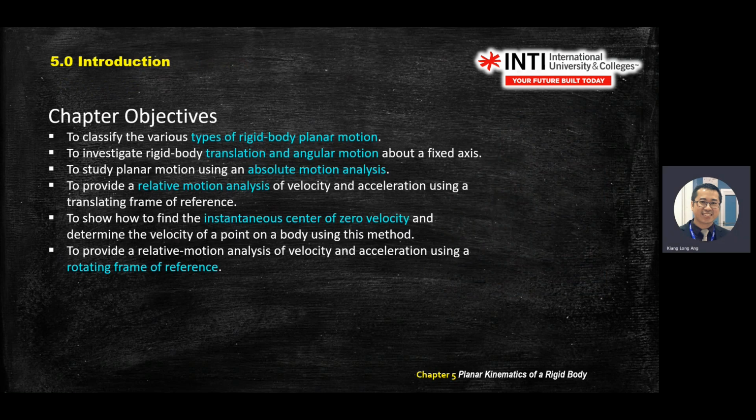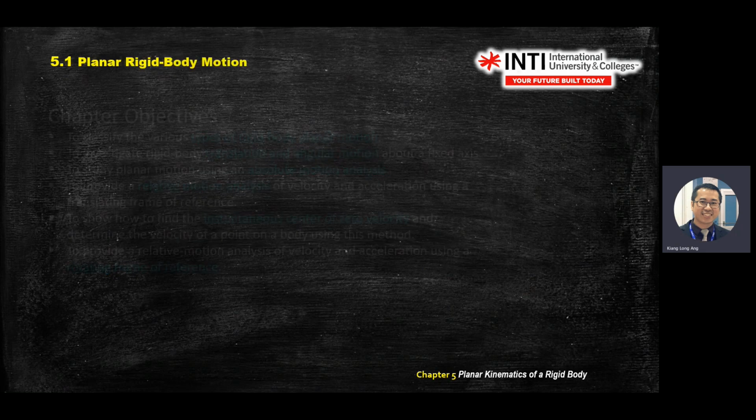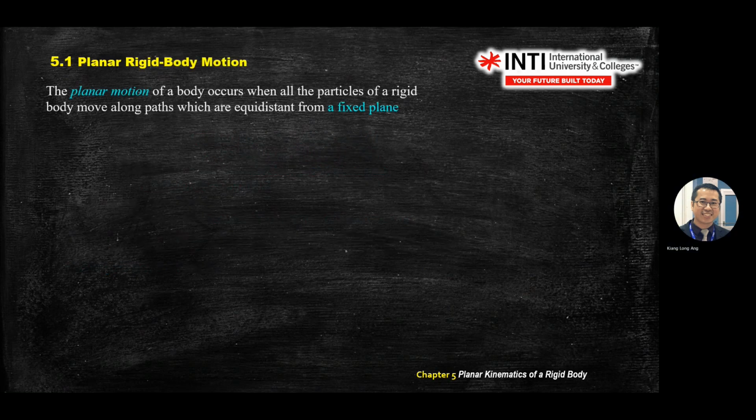So today we only look at how a rigid body behaves when there's a force. Now, the first motion we look at is planar motion. Planar motion means you look at the paper, and this is a handphone, a rigid body.